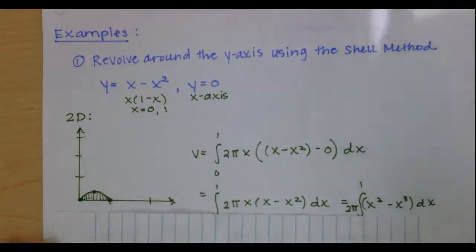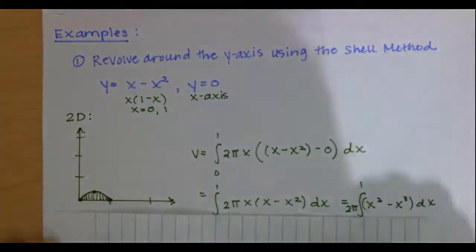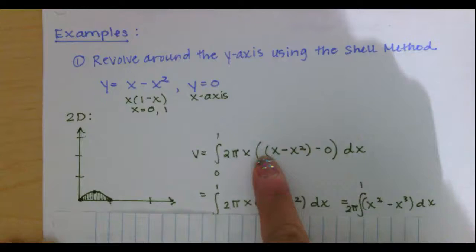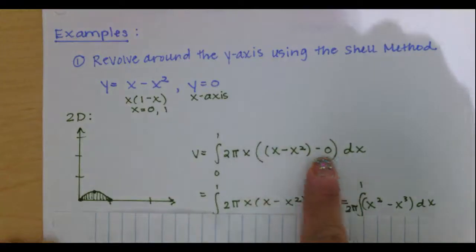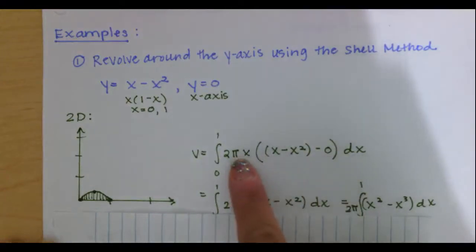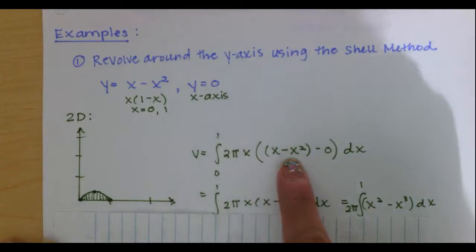Alright, so in order to find the volume, again, I need to find the area of the cylinder. So 2 pi r, or 2 pi x in this case, gives me the circumference of the circular part of the cylinder. And then the height of the cylinder is going to vary depending on x.